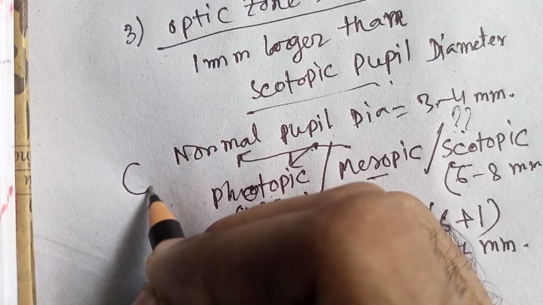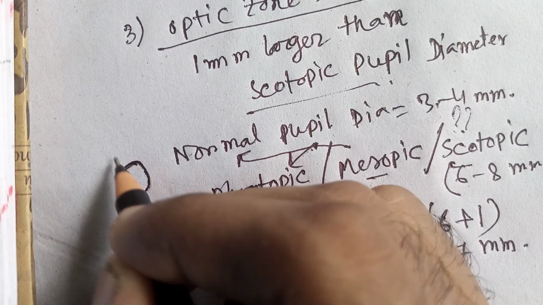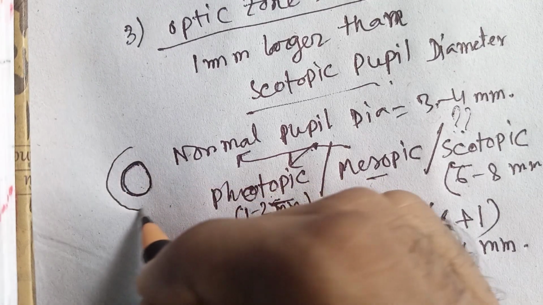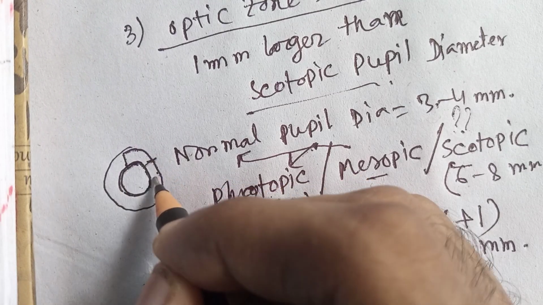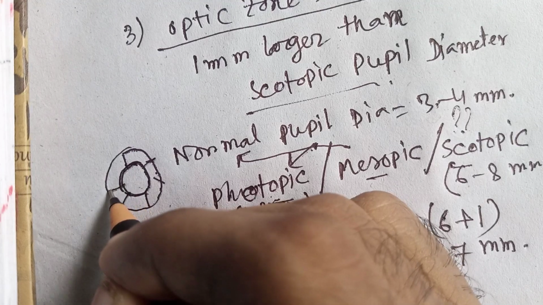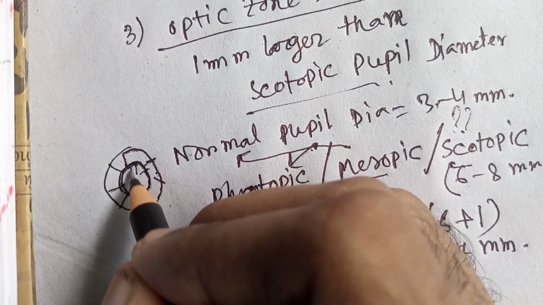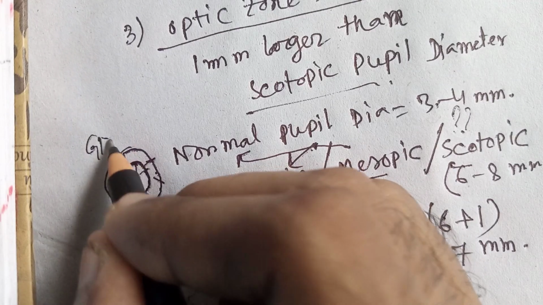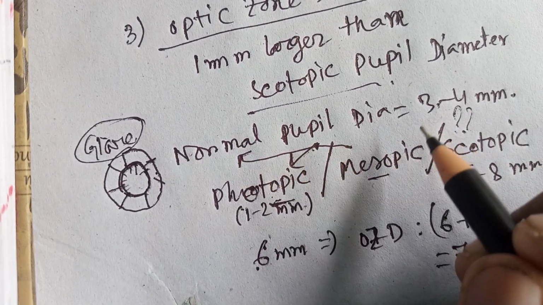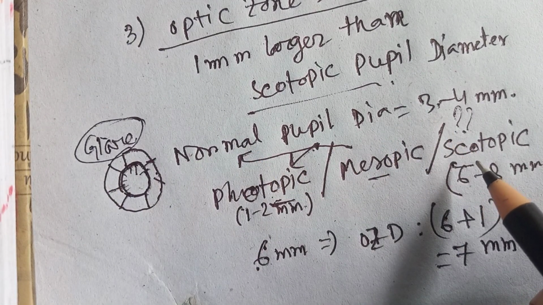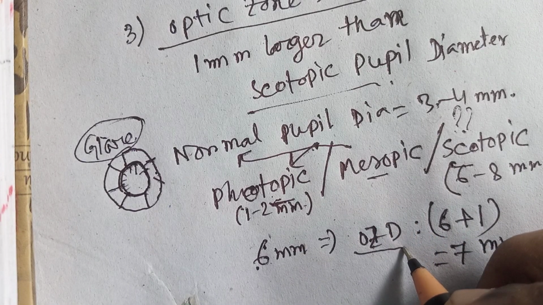Initially our pupil diameter will be this, and we select the optic zone diameter according to it. At night the pupil will dilate, but the contact lens will not. So when the incoming light of an automobile comes from the opposite side, the edge of the contact lens creates glare or visual disturbance. So we always need to measure the scotopic pupil diameter, and according to that select the optic zone diameter of an RGP trial contact lens.